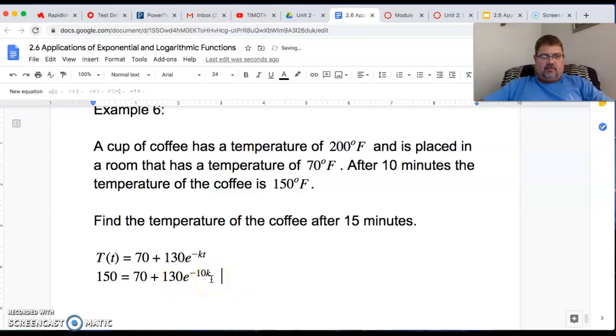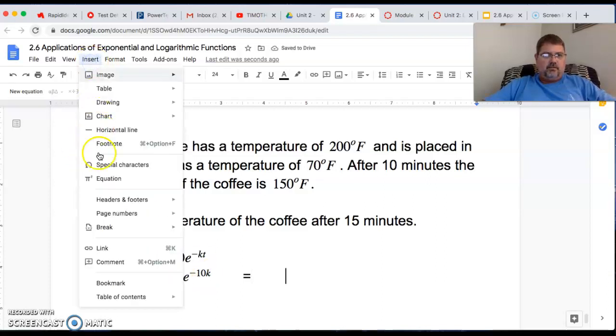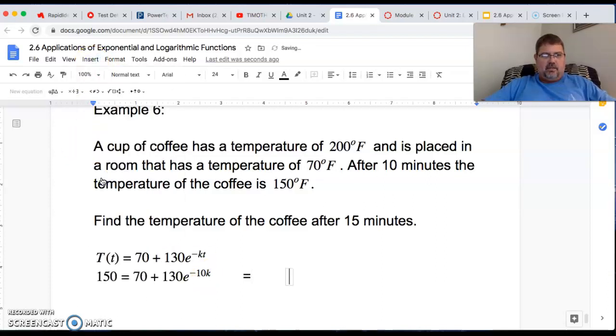So let's see if we can simplify this, and we'll come over here and write it again. It looks like we could subtract 70 from both sides, which would give me 80 equals 130 times e to the negative 10k. Let's write it. And again, I should be copying and pasting to speed things up a little bit here.